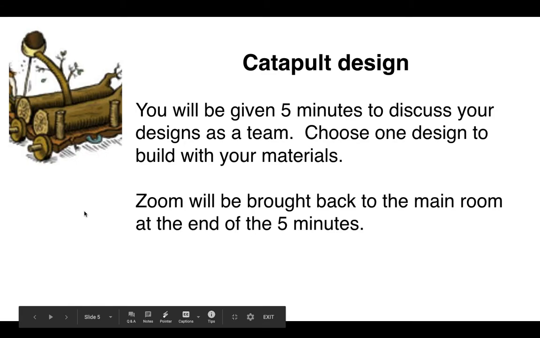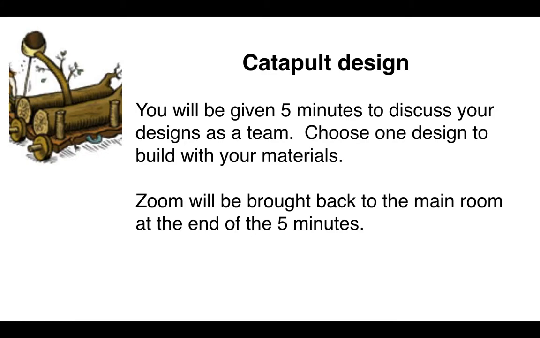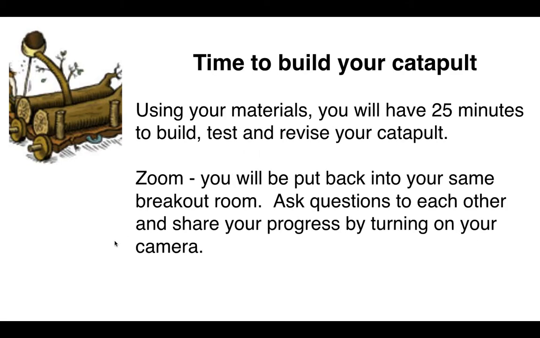So you'll be given 5 minutes to discuss what might your design look like? Where might you go to find how to do this? And so on. And once you guys have found what you needed or come up with a plan, we'll discuss in the main room. And then we'll go over, okay, what's a good design for this? What does that look like? And then you'll have 25 minutes to build, test, and revise your catapult. More if you need it, that's fine.